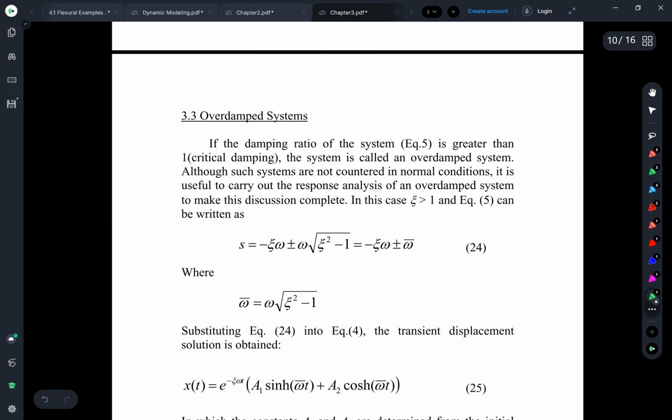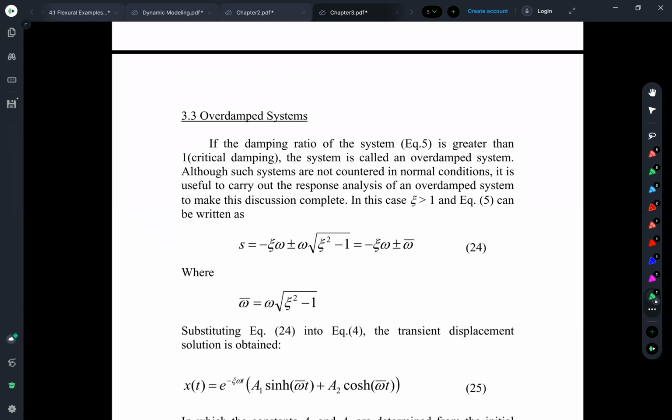The last one is the overdamped system. 3.2 was the critically damped system, in which the damping ratio zeta is exactly equal to 1. But when the damping ratio of your system is greater than 1, equation number 5 will lead to equation number 24.